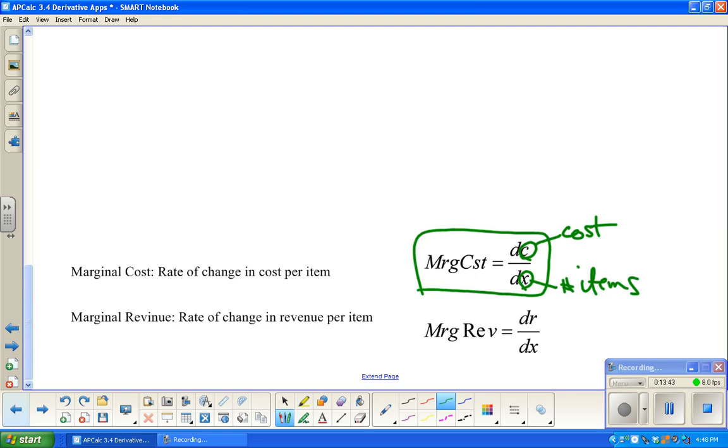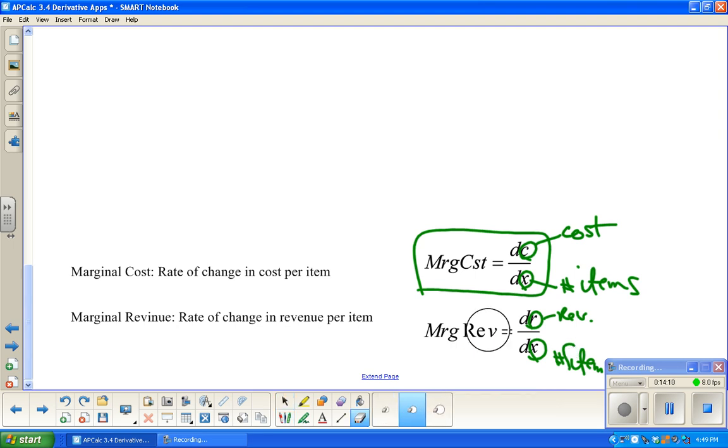This is basically saying, how does cost change as you change the number of items that you produce or sell or whatever. Marginal revenue, same idea, is again the rate of change of revenue as the number of items change. So the number of items you sell, produce, whatever. Hopefully that's fine. So again, do the derivative.